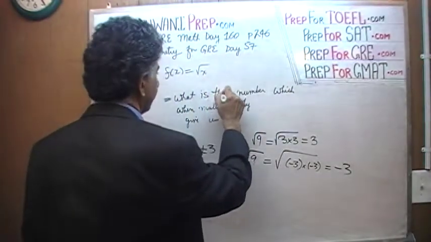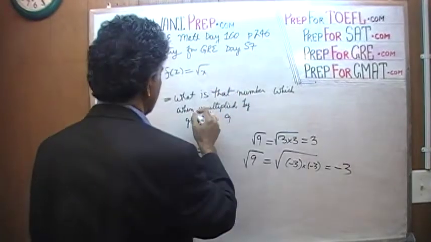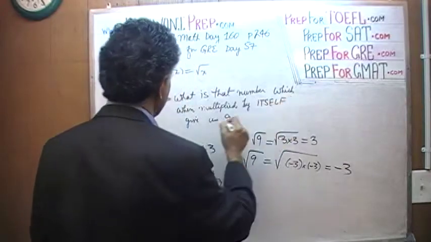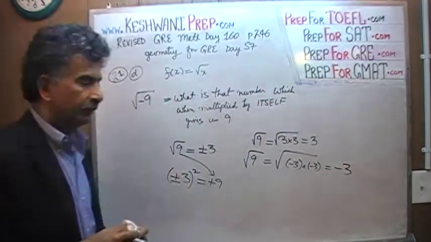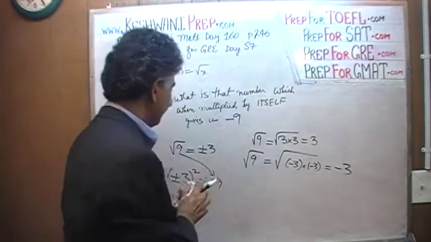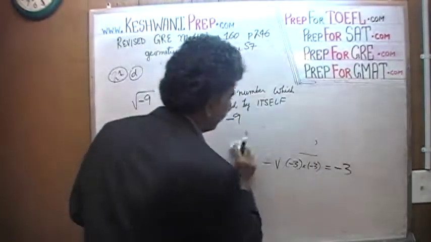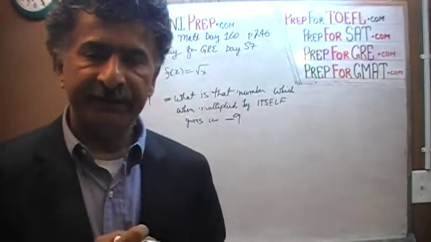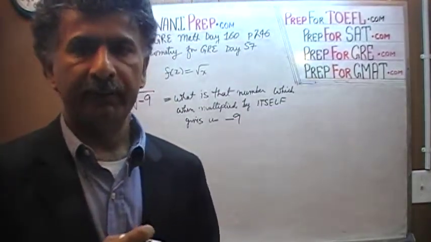What is that number which, when multiplied by itself, gives us negative 9? Think about it.